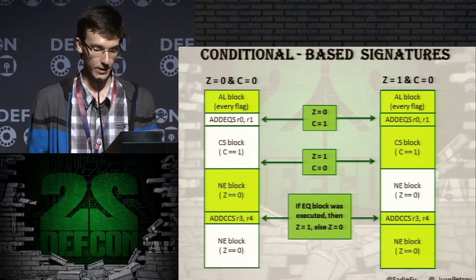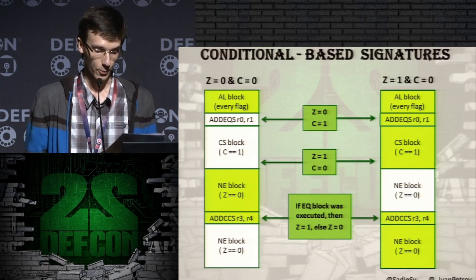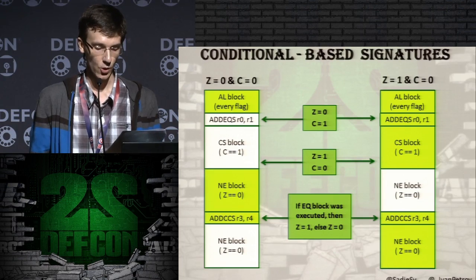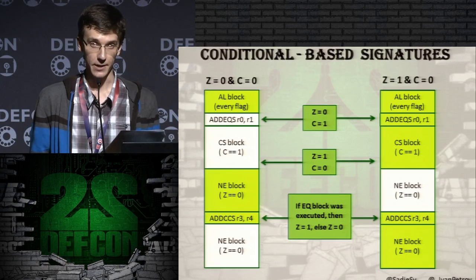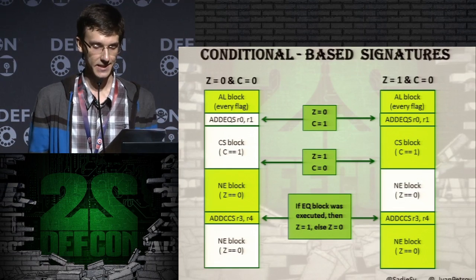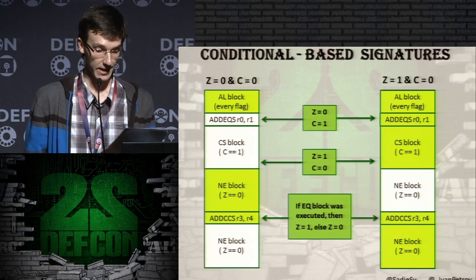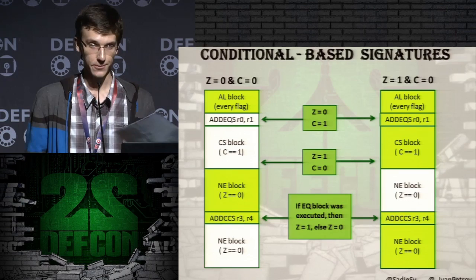It works when the carry flag is set to 1. After this block, there is an E block with instructions that execute only when the zero flag is set to 1. This block changes the R3 and R4 registers. So, the next add CCS instruction that executes in both emulations gives a different result. I mean, the same instruction in the same place gives a different result in different emulations.